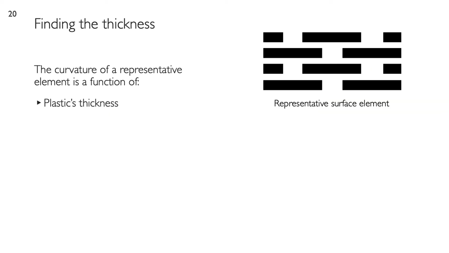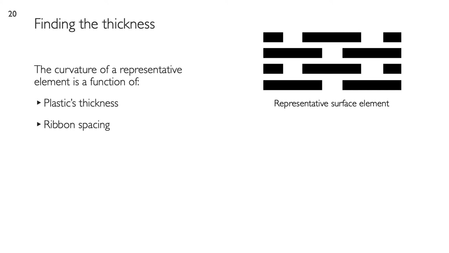The last information we need for generating this pattern to be printed is the thickness of the individual ribbons. To find this thickness, we can look at a surface element which is representative of the staggered ribbon patterns we generated. Such a pattern will deploy into a cylinder whose curvature is a function of the thickness of plastic because of the Bailey effect, but it is also a function of the spacing between ribbons or the amount of tensioned fabric in between.